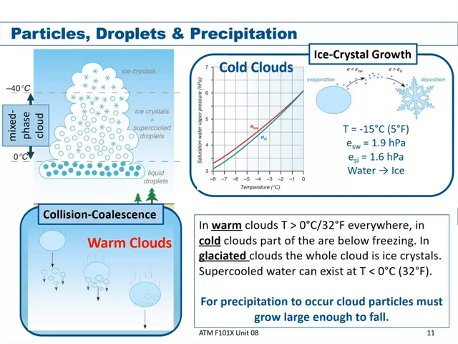In a warm cloud, liquid droplets grow by collision coalescence, where large droplets collide with small droplets and they coalesce. There is an optimum range of droplet size in a cloud for this to occur. In a cold cloud at a given temperature, supercooled water droplets have a higher saturation vapor pressure than ice particles. As a result, water vapor is deposited on the ice particles and they grow. This reduces the vapor pressure, allowing neighboring water droplets to evaporate further.